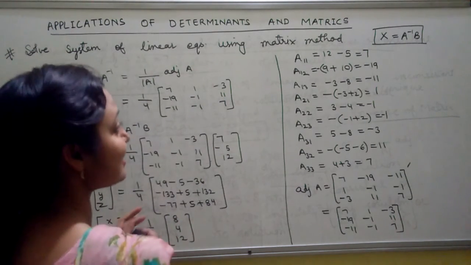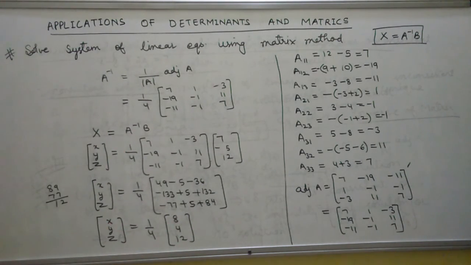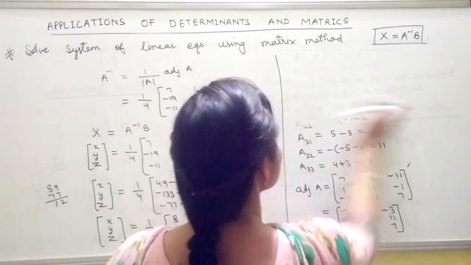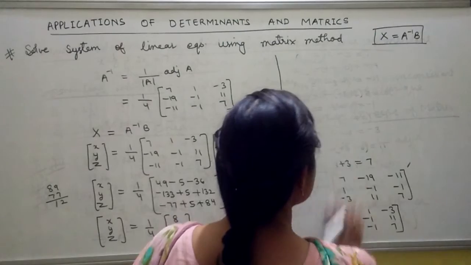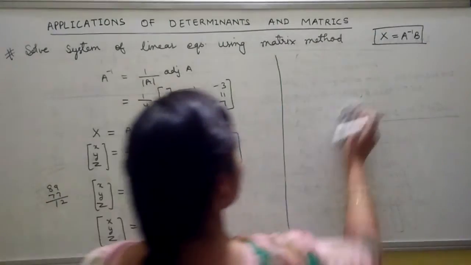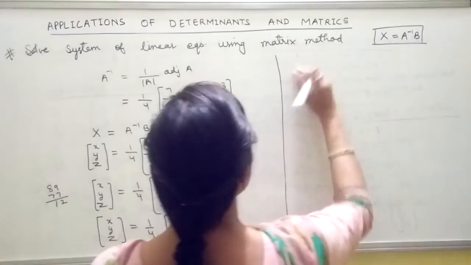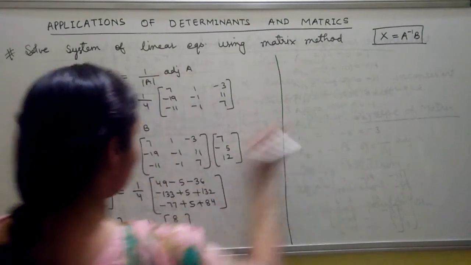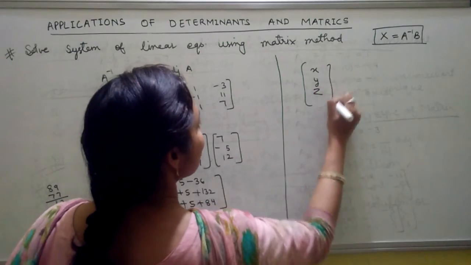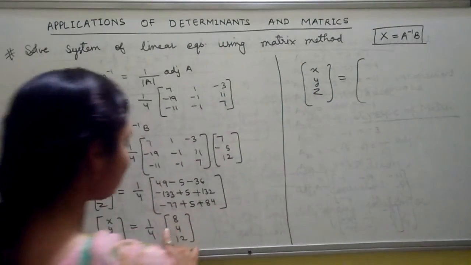Okay. Next is how to find x, y, z by doing the scalar multiplication with 1 by 4. When you are doing the scalar multiplication, it will equal this x, y, z as it is. Divide by 4.